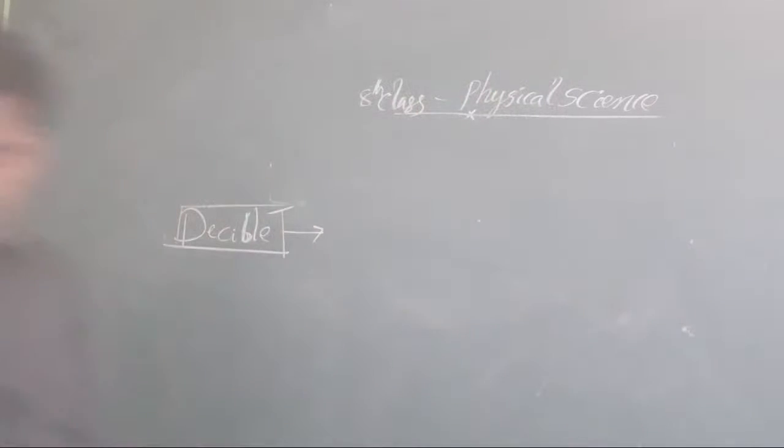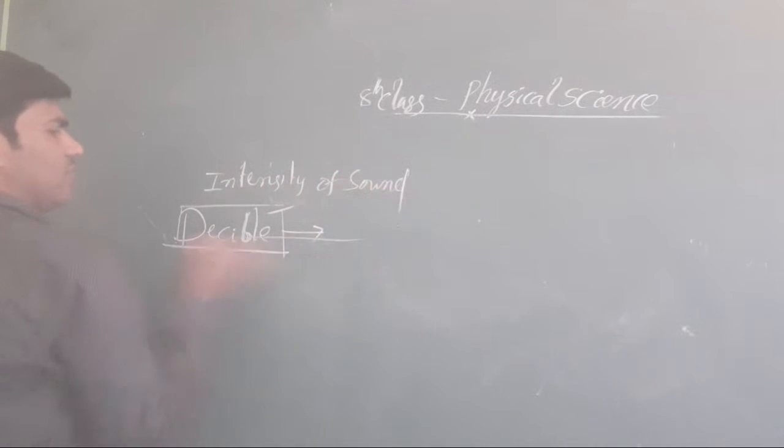But he also gave the unit for measuring the intensity of sound. The intensity of sound is measured in decibels. The unit is named after the scientist Alexander Graham Bell.